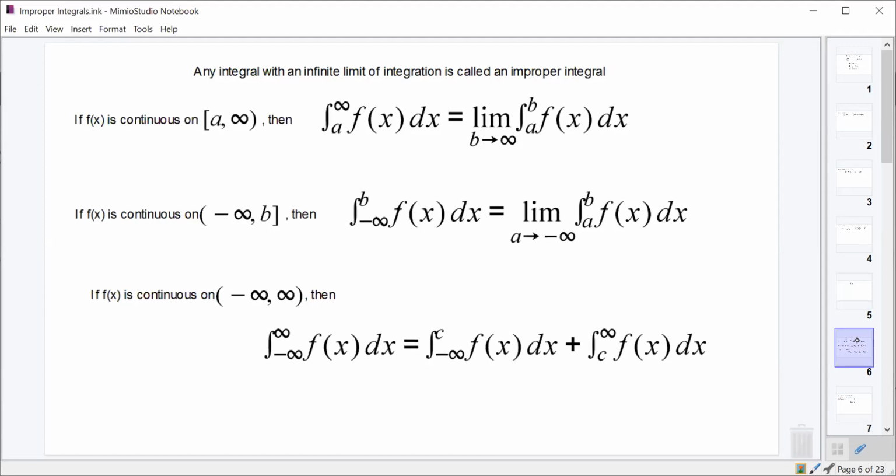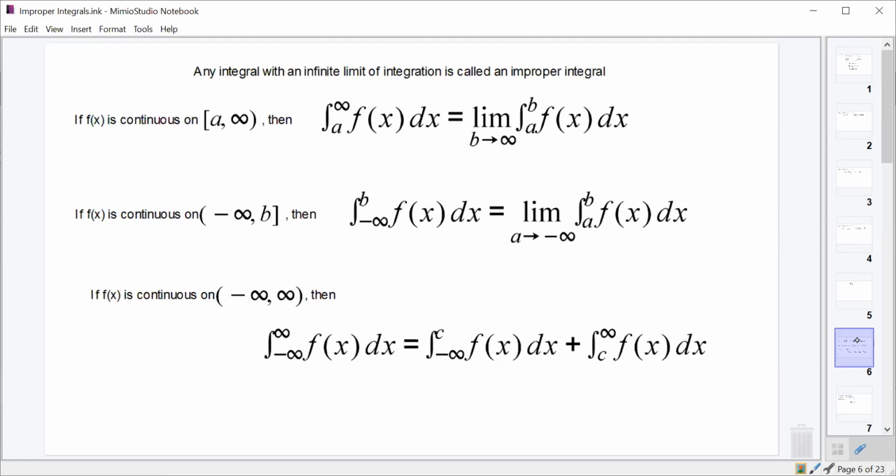The official way that we do this, because we technically cannot do an integral at infinity, is we substitute out that infinity with some variable b or a or c or q or whatever you want it to be. It doesn't matter what you choose.